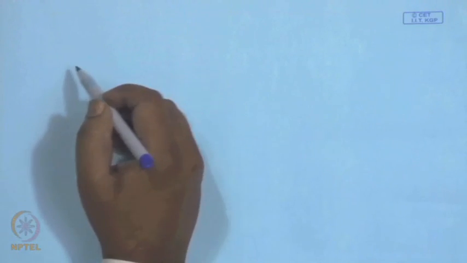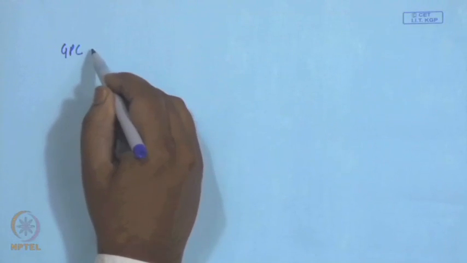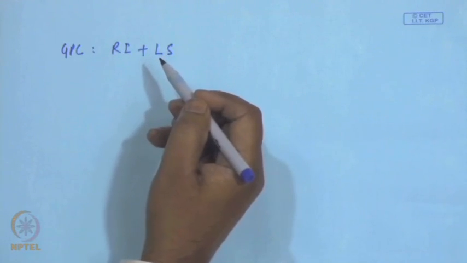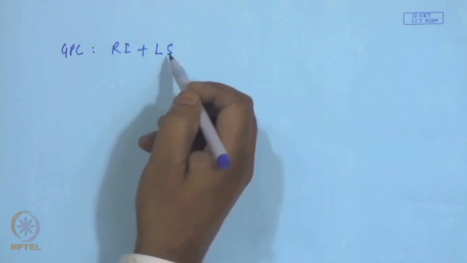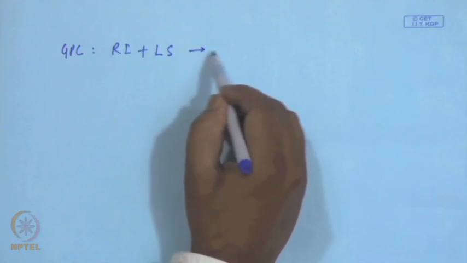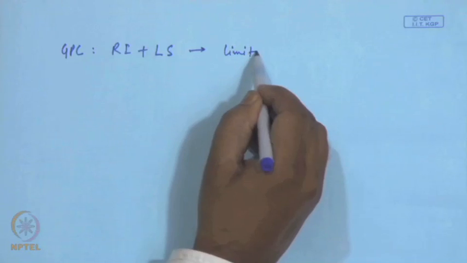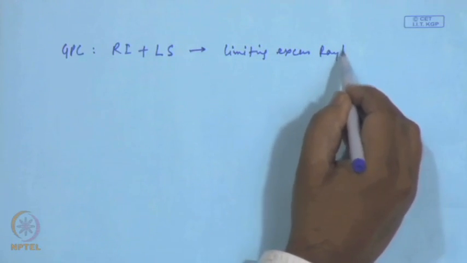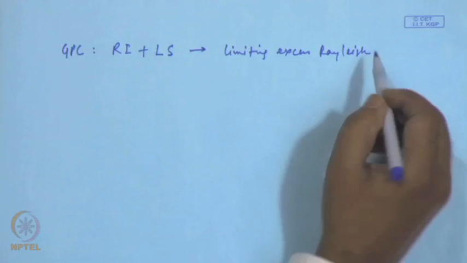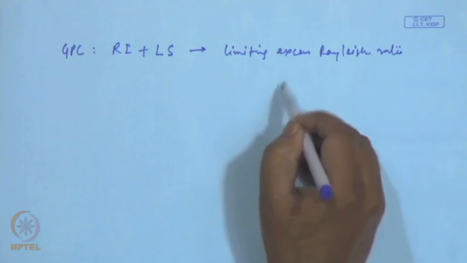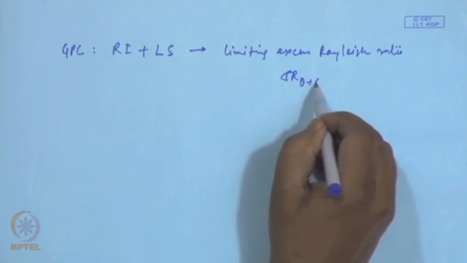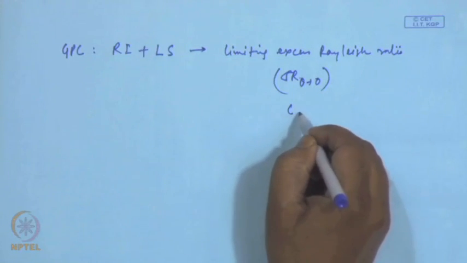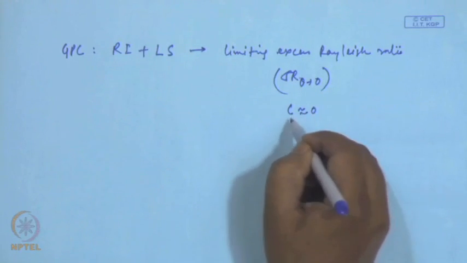For example, if we have GPC with an RI plus light scattering detector, then light scattering gives us the limiting excess Rayleigh ratio, delta R theta equal to 0, and if you are working with a very dilute solution, we can consider concentration C equal to 0.